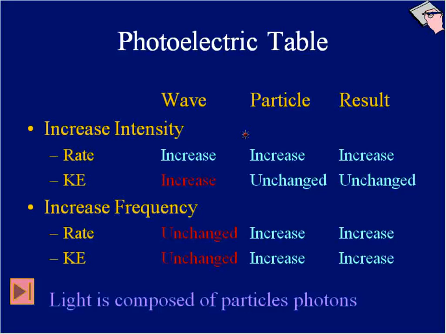Particle theory says something different. It says one photon will hit the electron. If it happens to be a blue photon, it has huge energy. A red photon has less energy. If the electron has more energy, it can fight with the metal better. After all, the metal is not letting the electron go. Otherwise, the electron could come out from any metal on its own.